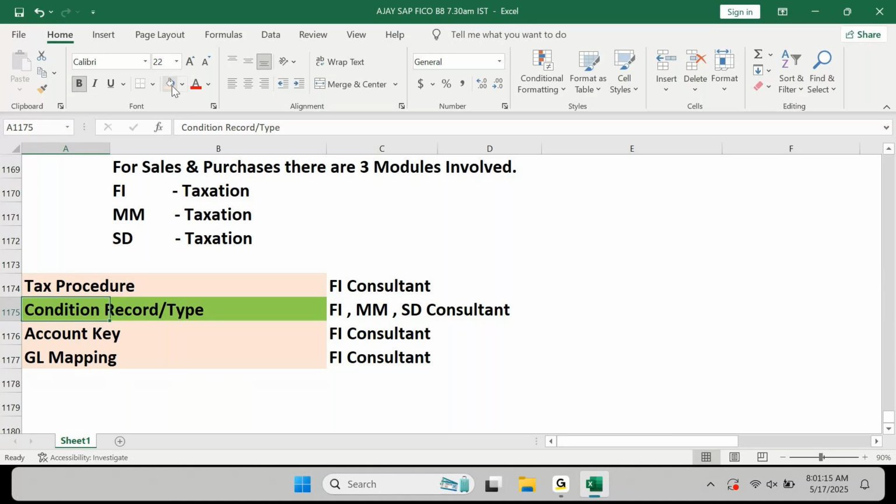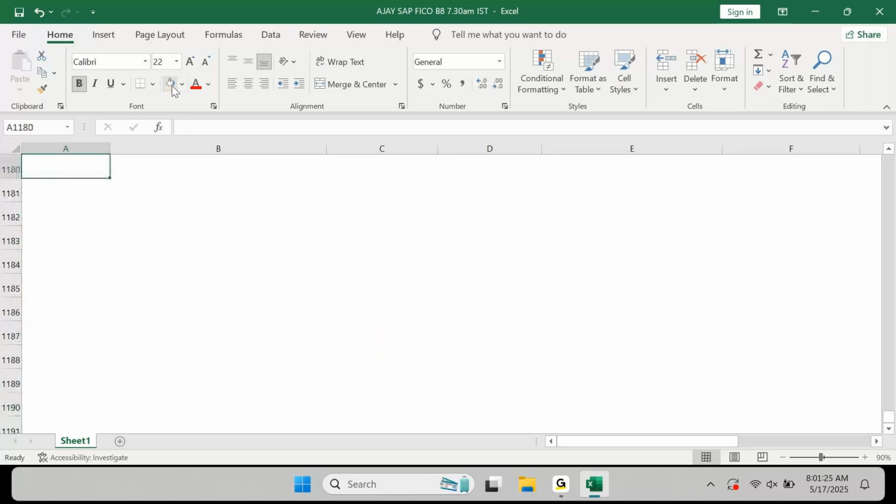One point to take out from here is that tax is not FI alone. Tax is FI, MM, SD collectively.